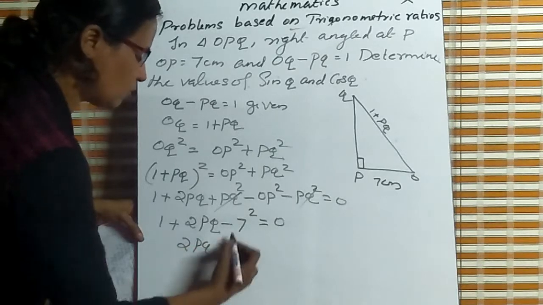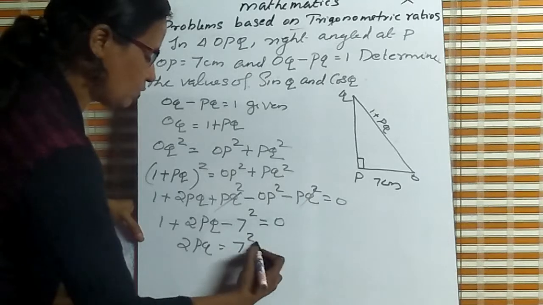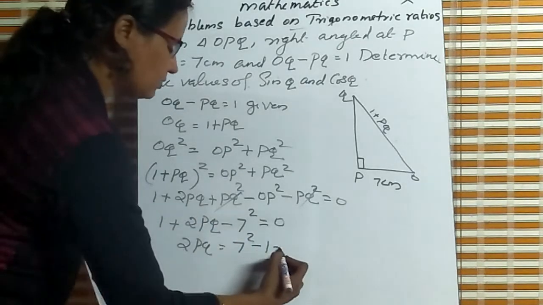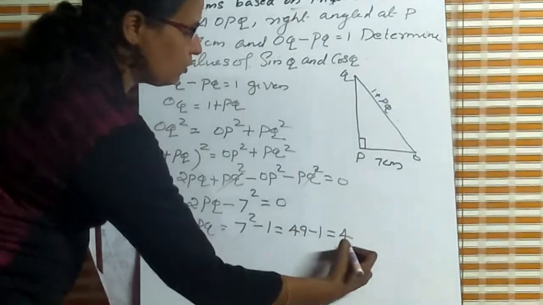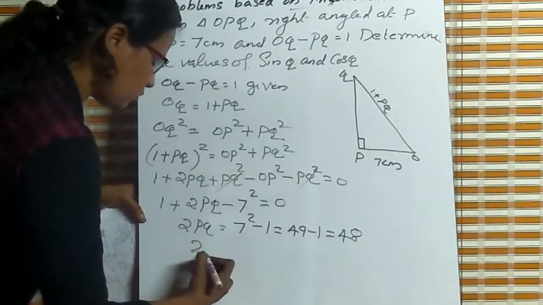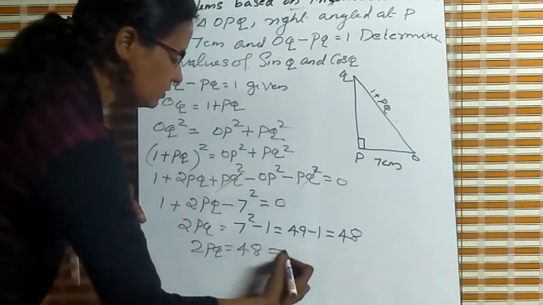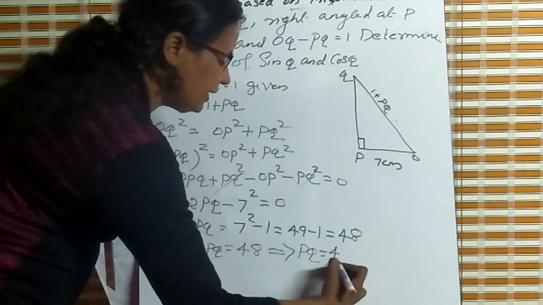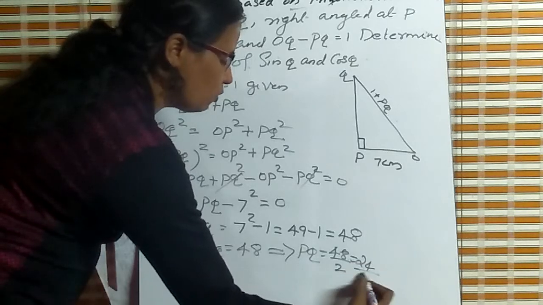2PQ is equal to 7 square goes to the right side, plus 7 square, and 1 goes to the right side, it is minus 1. 7 square is 49 minus 1 is equal to 48. 2PQ is equal to 48, implies PQ is equal to 48 by 2, equals 24.